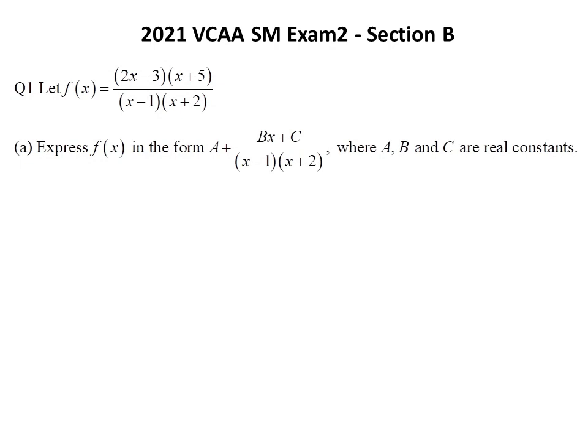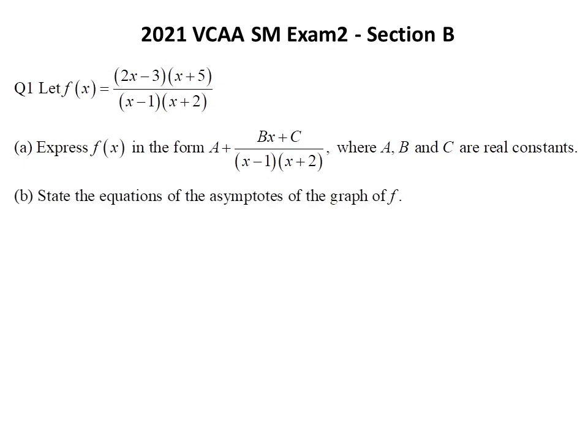Part A is to express f of x in the form of a plus the algebraic fraction bx plus c over the product of x minus 1 and x plus 2, where a, b, and c are real constants.